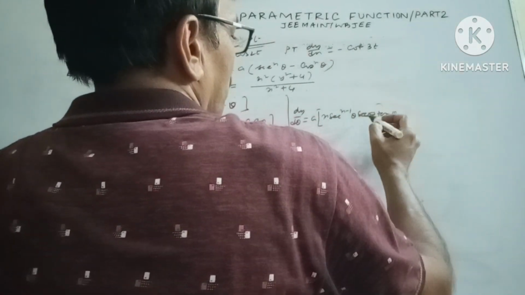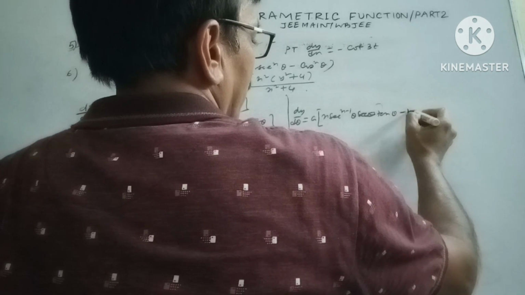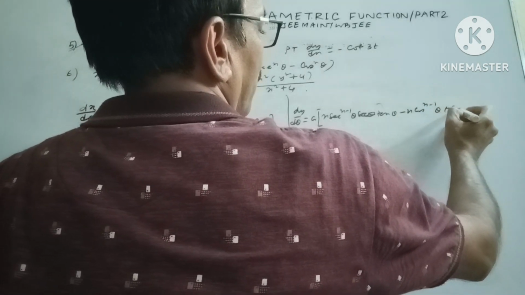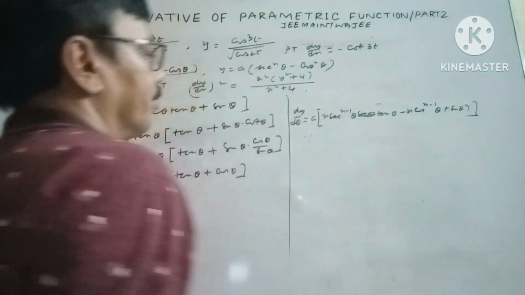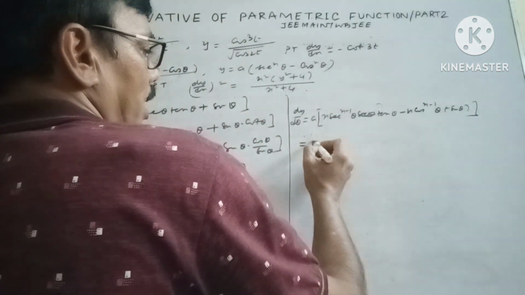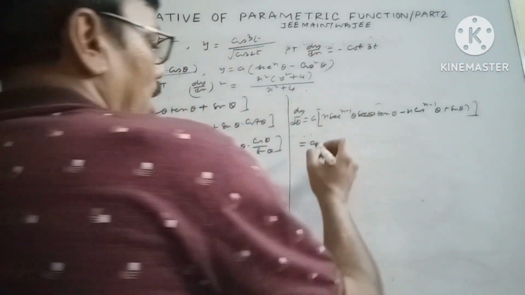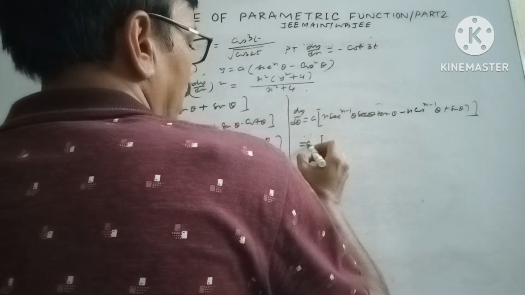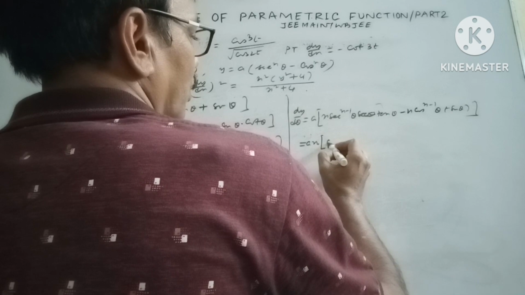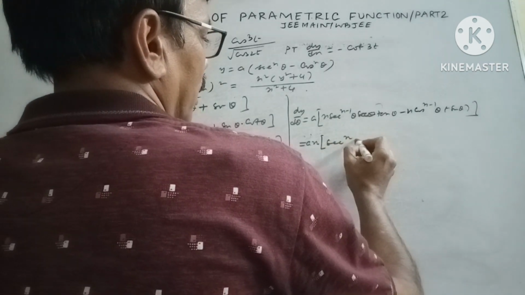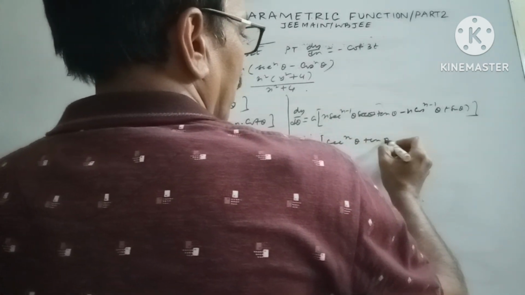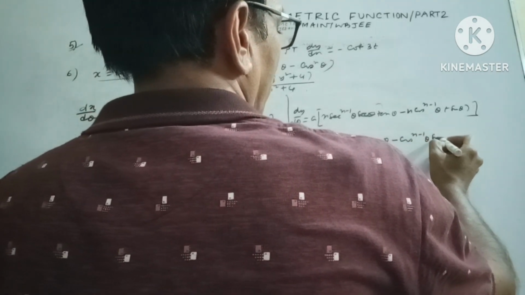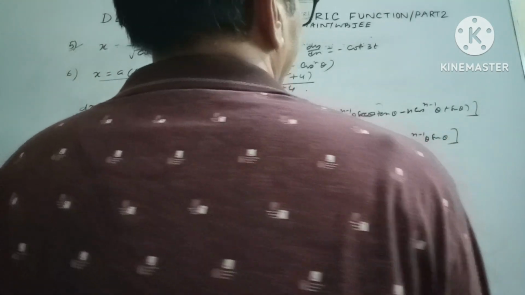And this is minus n cos to the power n minus 1 theta into minus sin theta. So a n also common, sec to the power n theta into tan theta minus cos to the power n minus 1 theta into sin theta.